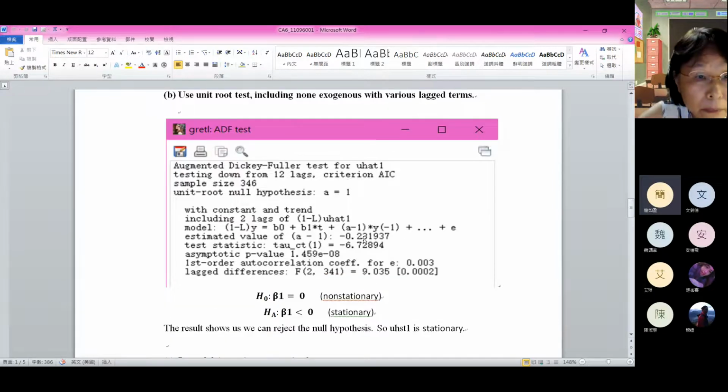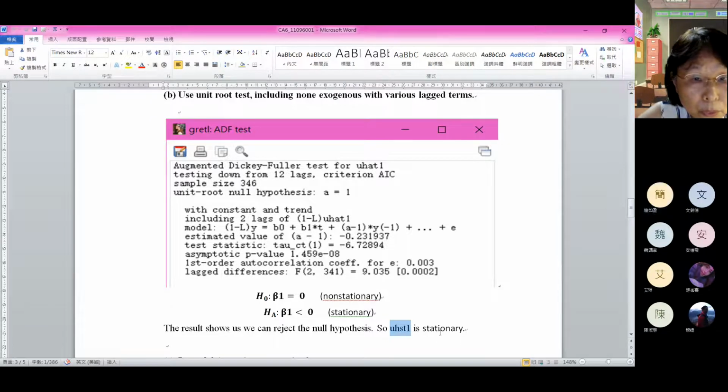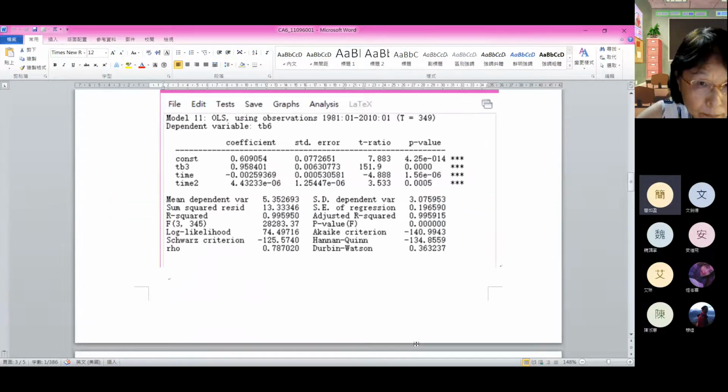It is a model which I created in UST1. Let me think. Oh, I think at that time I just used TB3 plus 1 and TB6 plus 1 and the cointegration test.